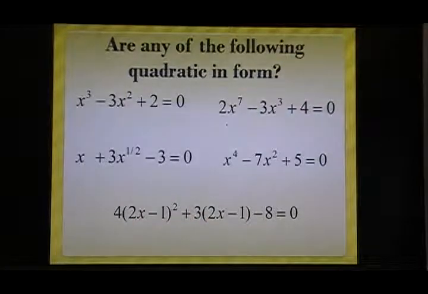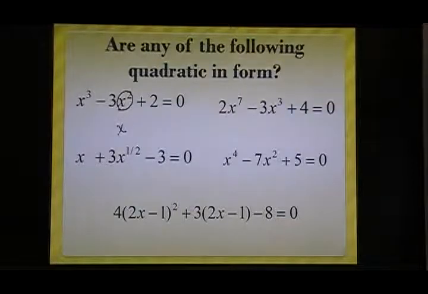So before we actually do this, let's do a few examples where we're trying to recognize whether or not we've got something that's quadratic in form. Looking at this first equation, x to the third minus 3x squared plus 2 equals 0, I look at the variable part of the middle term.